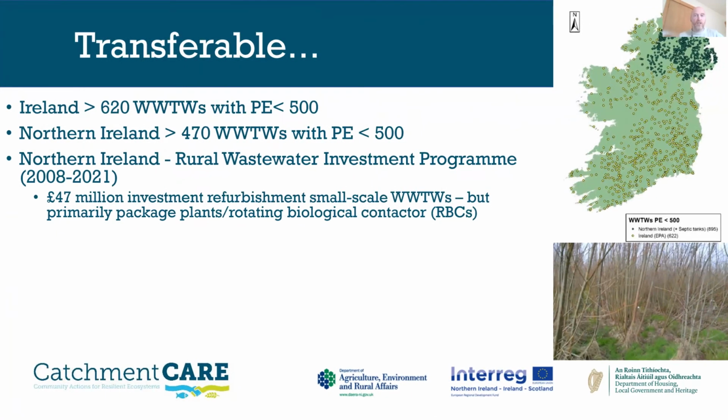Finally, in terms of the transferability of our project, Ireland has over 620 wastewater treatment works with a population equivalent of less than 500, so small-scale wastewater treatment works. Northern Ireland has over 470 wastewater treatment works that are considered small-scale.